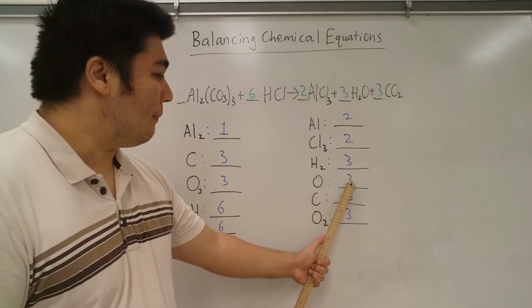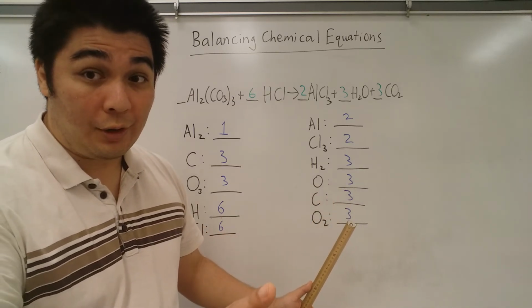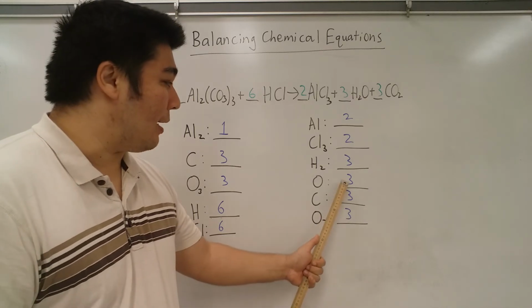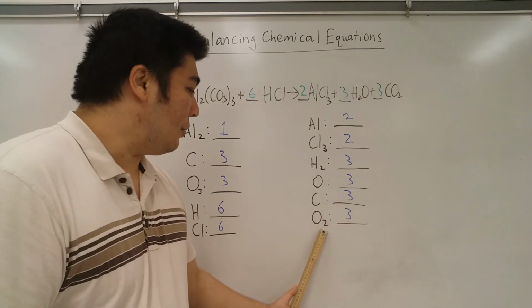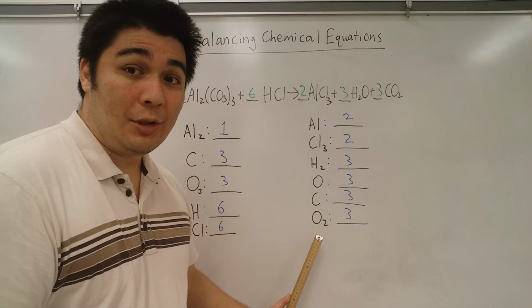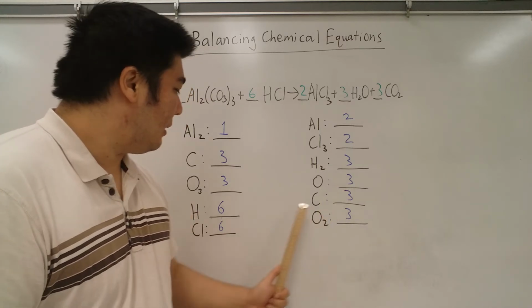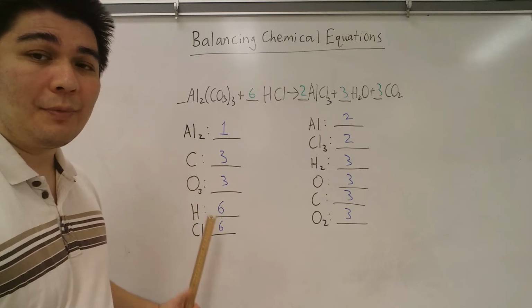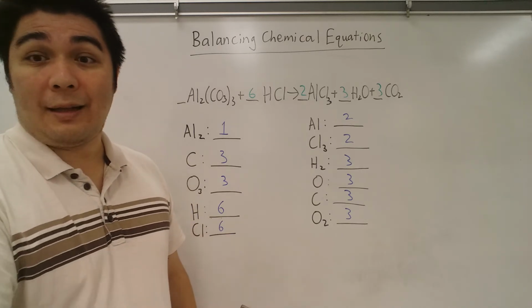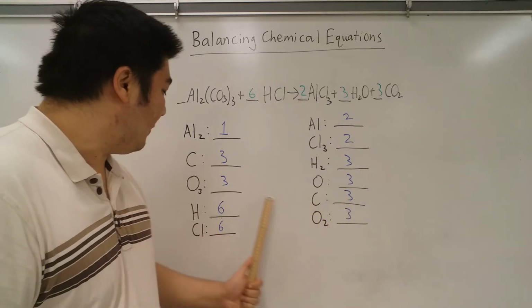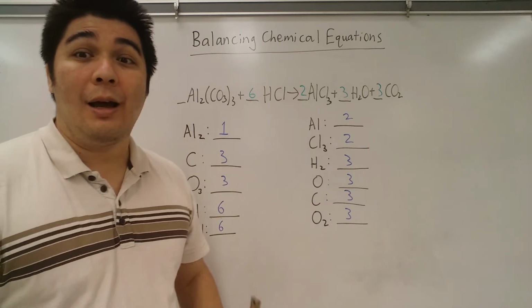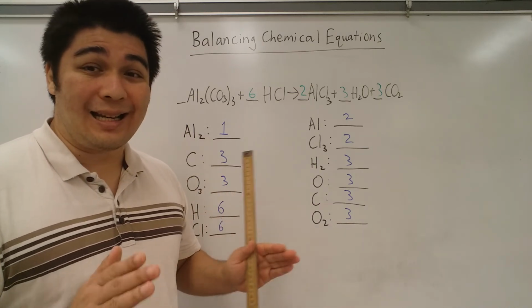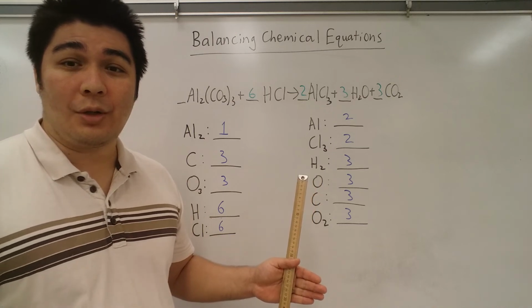Oxygen has 3, but there's more than that, so we just leave it for now. We look at the O2, and there's 3 of them, so 3 times 2 is 6, plus 3 is 9, which is 3 times 3. So it still balances, and for the carbon, there's 3 of them here and 3 of them here. Again, everything balances. It's the exact same answer to the equation.